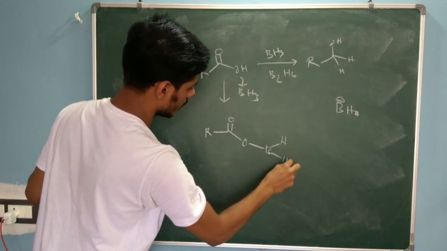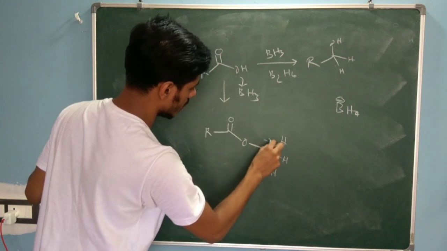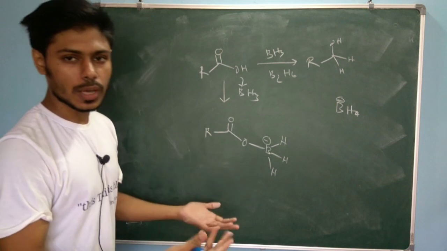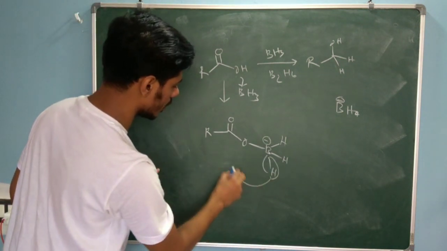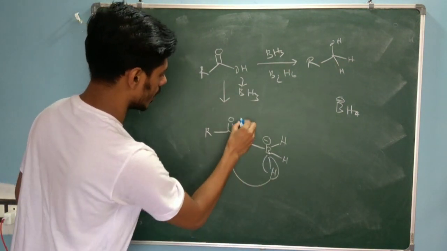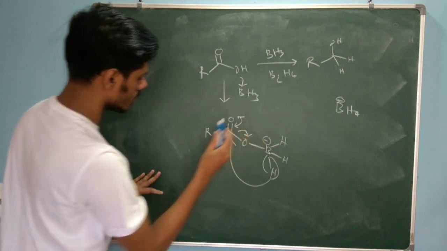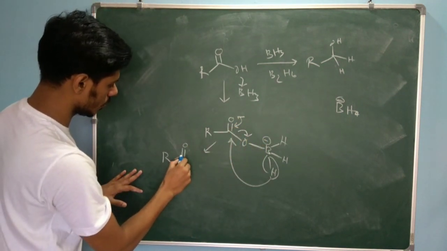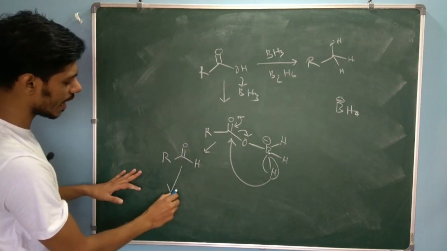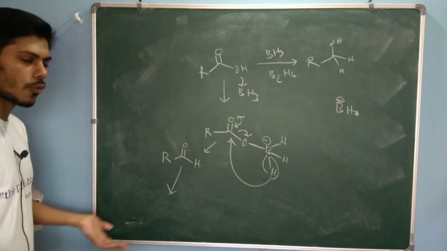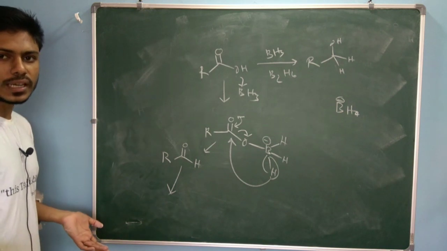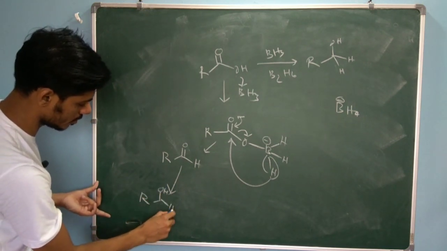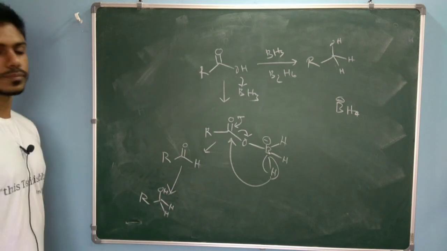Now you can see after the complex formation it contains negative charge, and again it becomes like the sodium borohydride. So now it can deliver its hydrogen over here, and we can write like this. So from this we will get this aldehyde, and now this aldehyde will be reduced in the usual way to the corresponding alcohol, and we have discussed the mechanism previously, right?